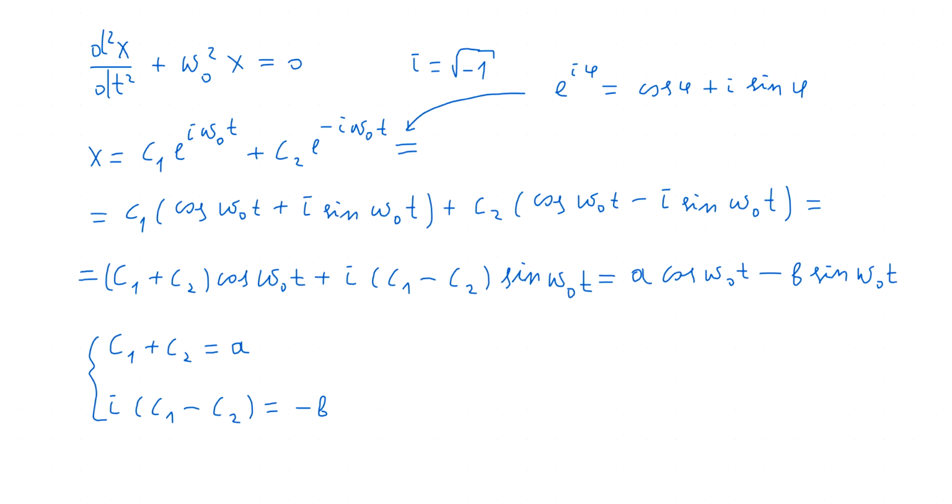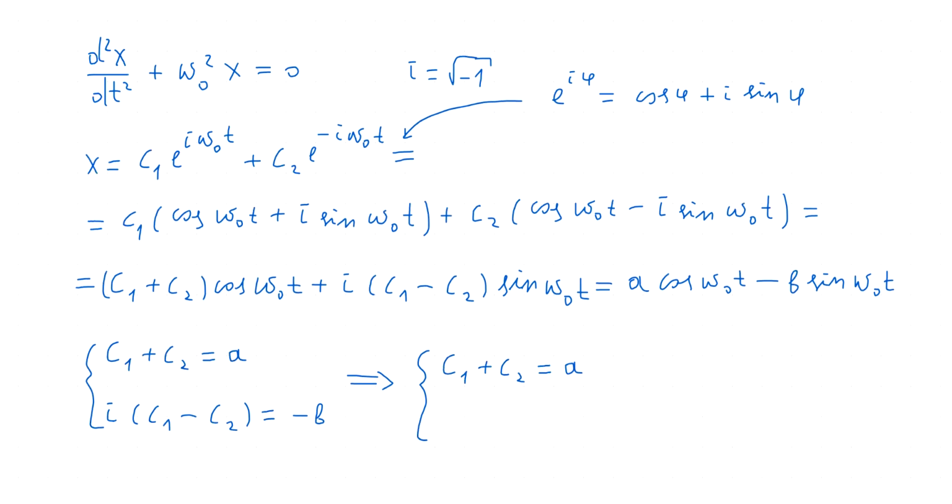The first equation we will leave without transformation, and the second equation, if we multiply left and right sides by minus I, and after taking into account that I is the square root of minus 1, we will obtain that C1 minus C2 is equal to IB.